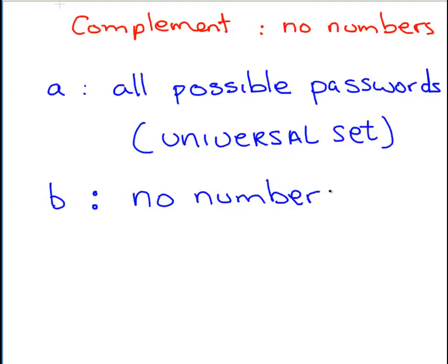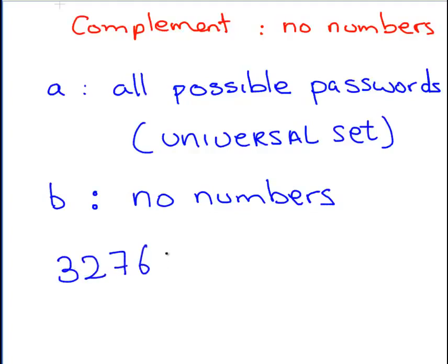So the number of possible passwords where there's at least one number is the complement of the set of passwords with no numbers. It's essentially the difference between the two. That just requires a little bit of lateral thinking.